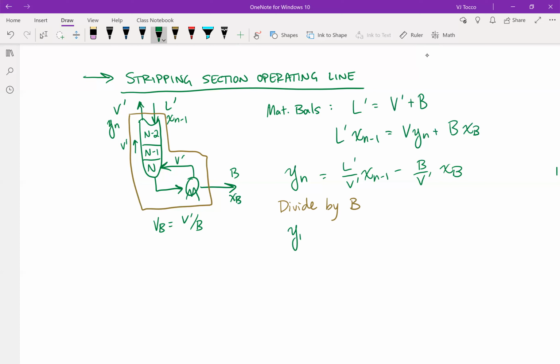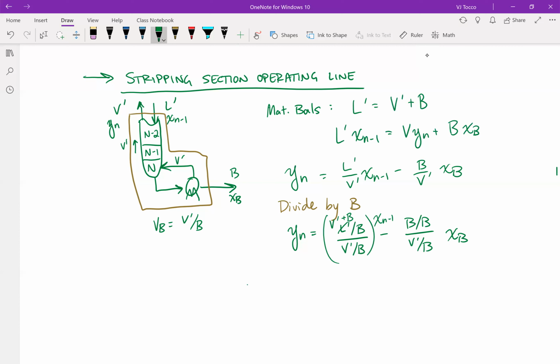And that is going to get me yn is equal to L prime over B over V prime over B, times xn minus 1, minus B over V prime over B xB. And I will need to substitute in then that L prime is equal to V prime plus B. I forgot my times xn minus 1 there.